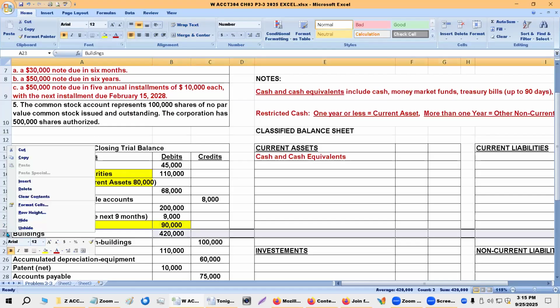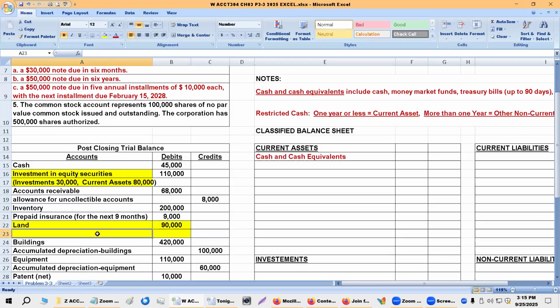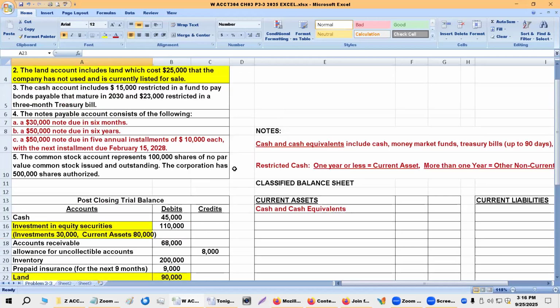What are we going to do with that one? Anyone? Would they just be using 75,000 of it, and then non-current would be 25,000?